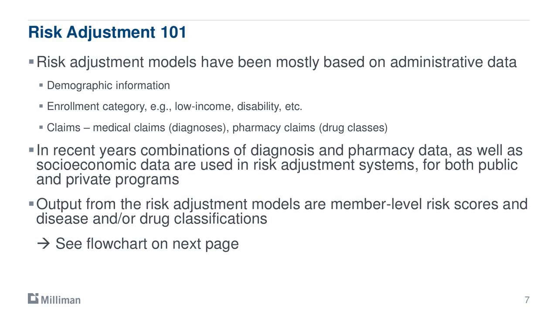That model, starting in 2018, would include prescription drug classes as part of the risk scores. And the rationale there, which actually plays very nicely into this presentation, is that there are data issues.